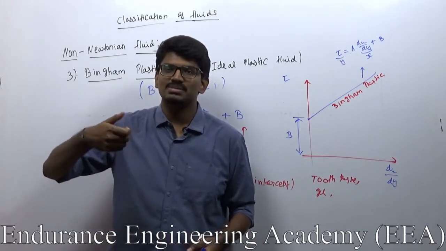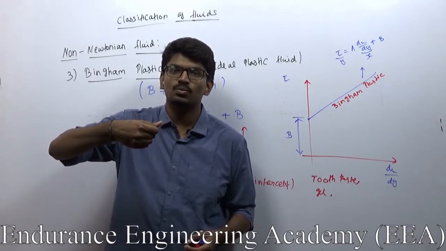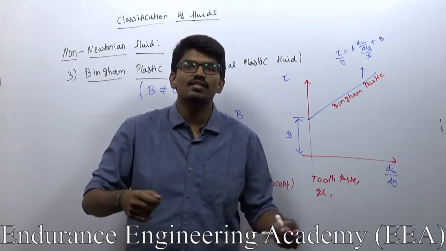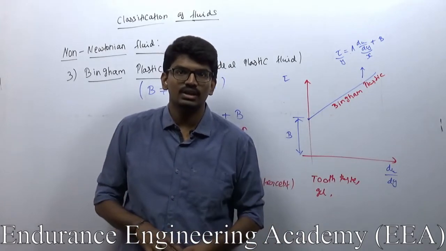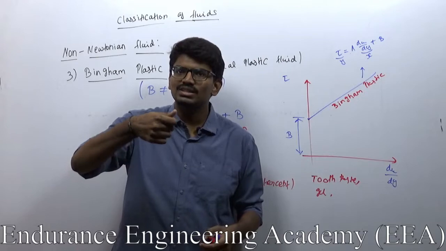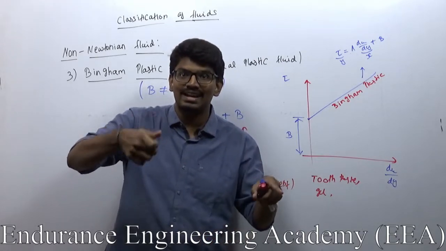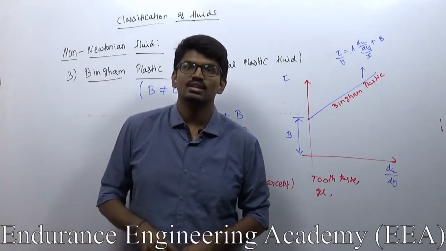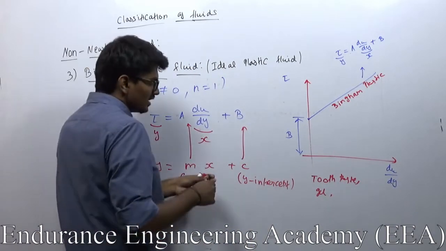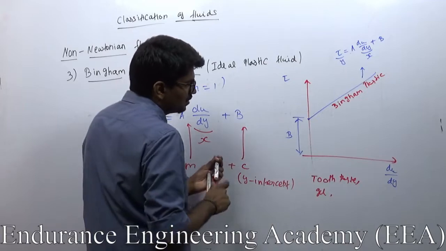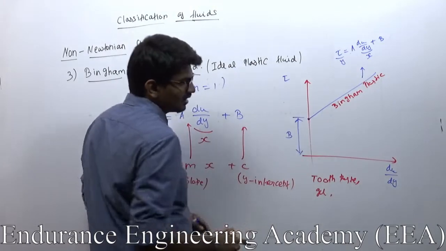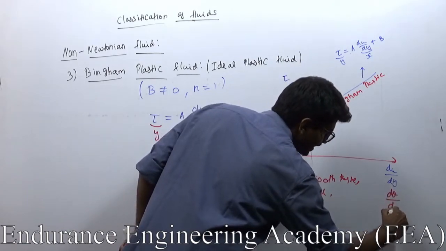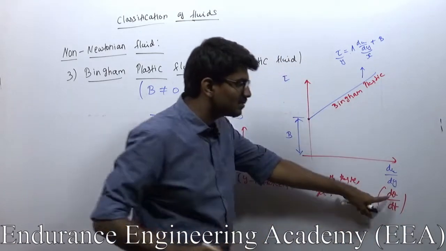But now what happens? I keep on applying force, and once the force reaches some value, it flows outside. Then I can take it out and brush. Once it reaches that value, it flows, and even if I remove the force, it won't flow back again. Now see, until that value there won't be any deformation, this du/dy or d theta by dt, which is nothing but the deformation.